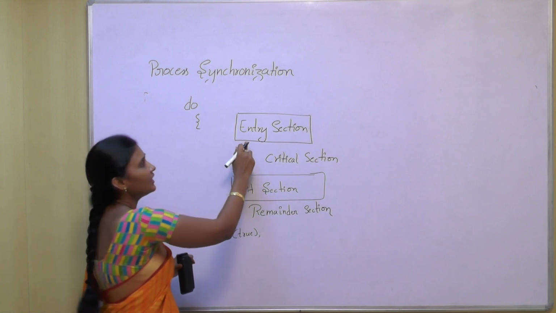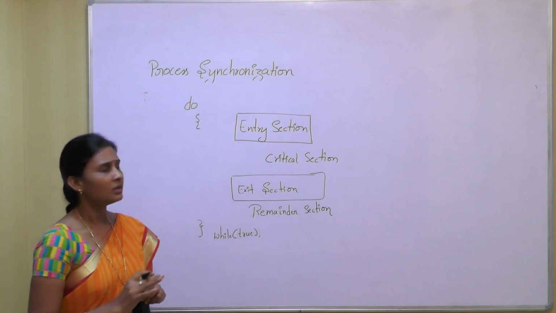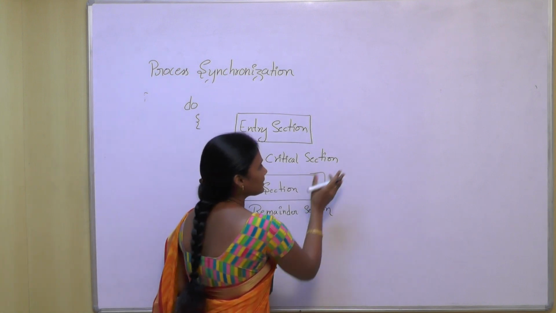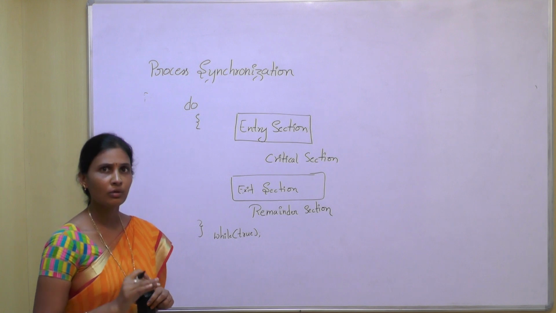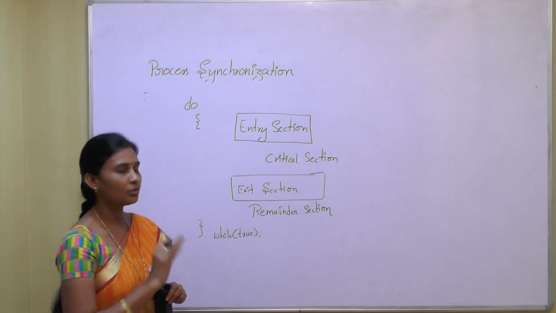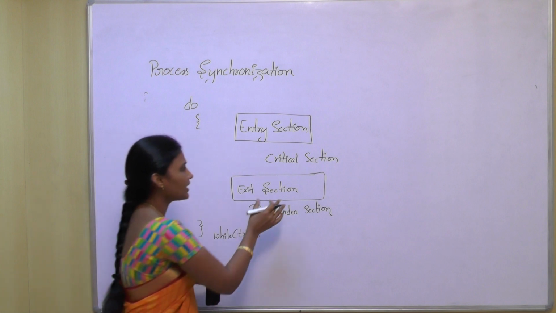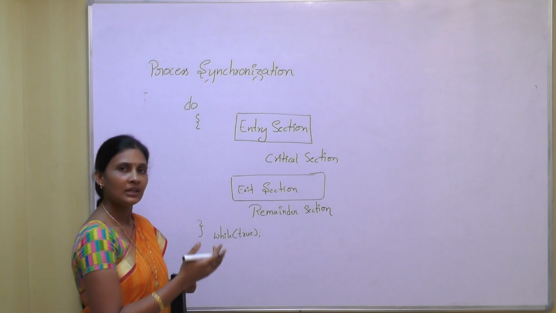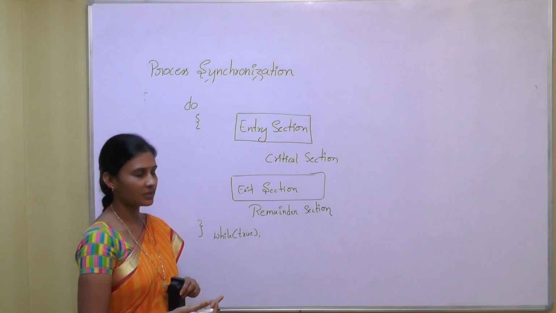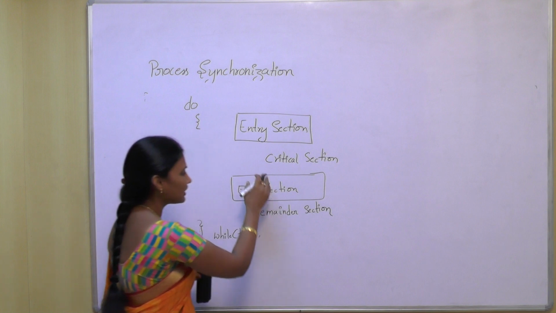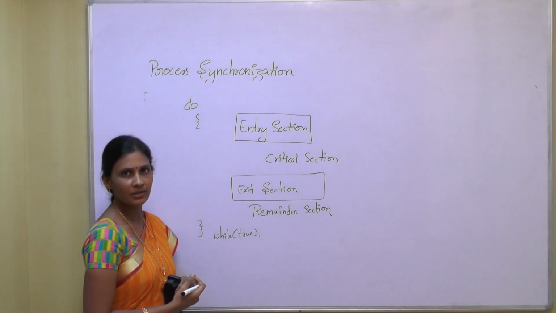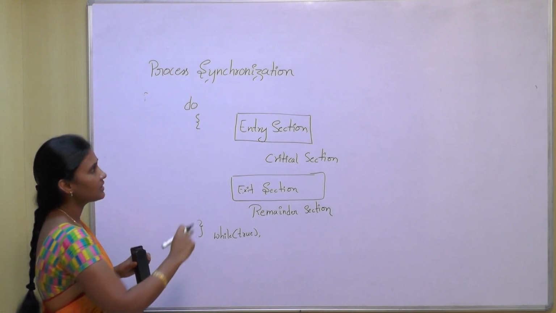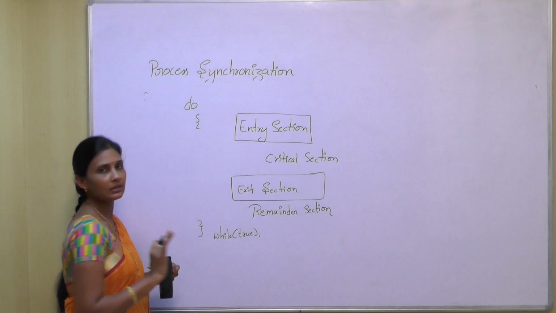The entry section is the code requesting to enter into the critical section. We already know what the critical section is. The critical section is code that allows only one process to execute at a time. The exit section means the end of the critical section, allowing or releasing the processes. The reminder section means the rest of the code. When one process wants to enter into the critical section, it must take permission to enter.